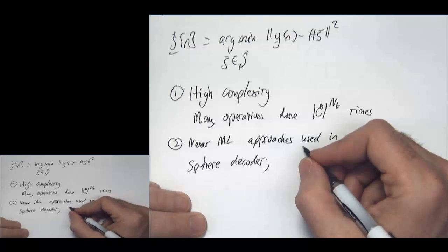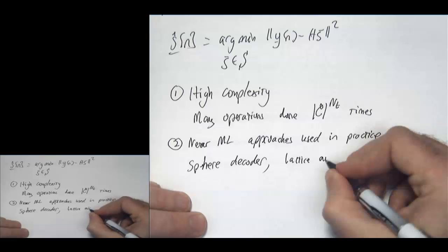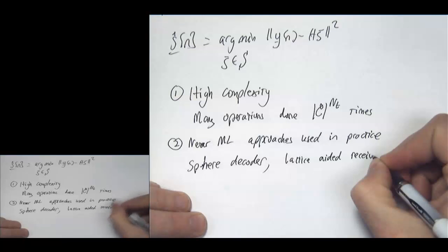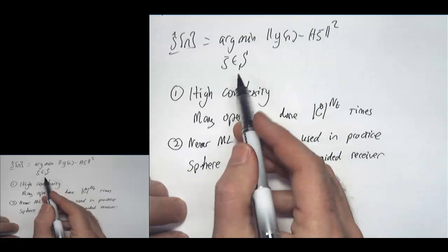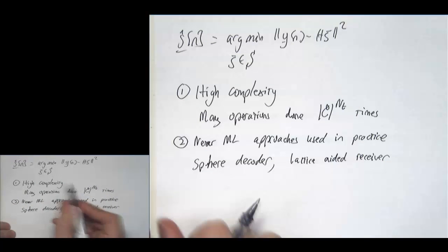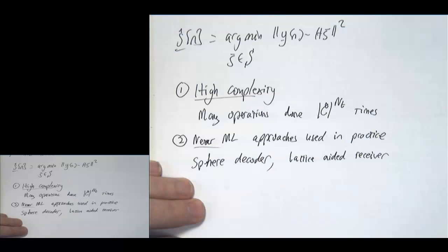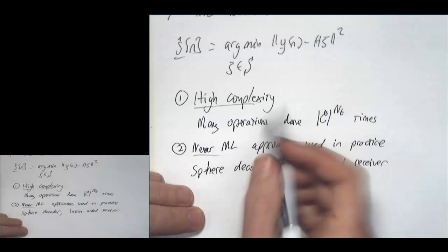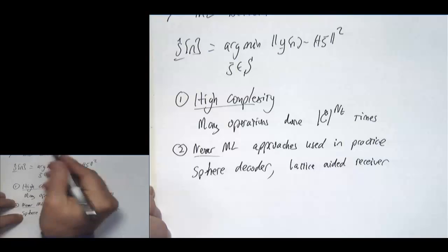I forget the exact acronym. But the idea is that there's some structure in this space of S, and you can use that structure to partially search through the space very efficiently. These are alternatives which we won't talk about in class, but I did want to mention that we wouldn't necessarily implement this directly. So that's the ML detector.